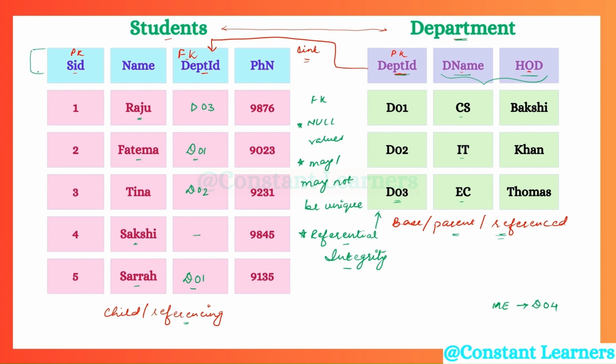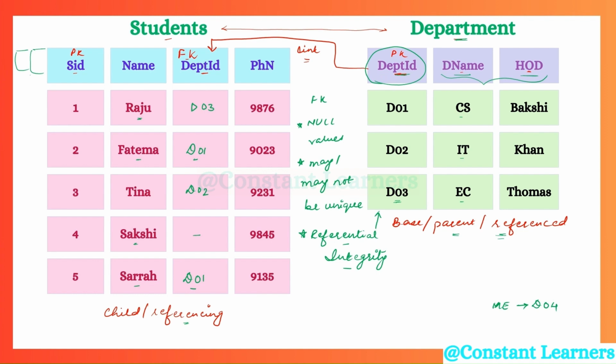Otherwise, here 2 columns would get added. One is the department name and another is the head of the department, right? So the repetition of data gets reduced. We can simply use the primary key from a table in the form of a foreign key, and the repetition of data can be avoided.